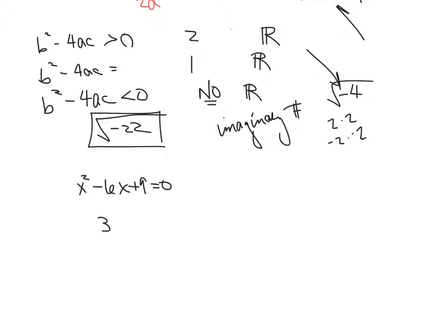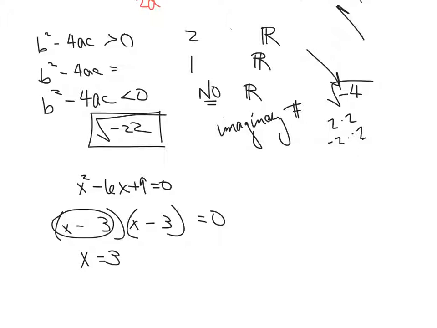Okay, what happens here is if you were to factor this, you're going to get x minus 3 and x minus 3. Which means your x value is 3, okay, but you really do have two answers. It's just both answers are the same number.